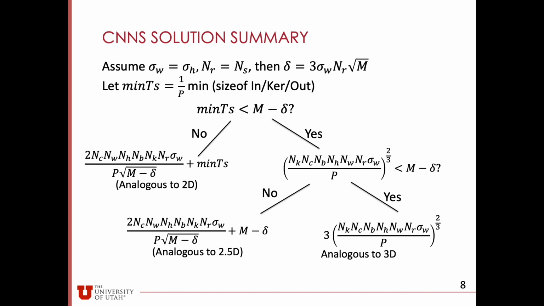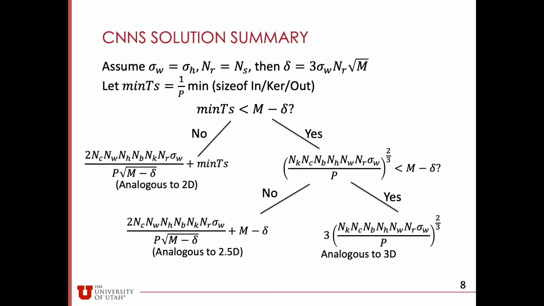At the end, we will present a summary of the CNN solution. It can be summarized as a decision tree. If any tensor size is larger than local memory minus delta multiplied by P, the distributed algorithm we construct will be analogous to the 2D MATMUL algorithm.